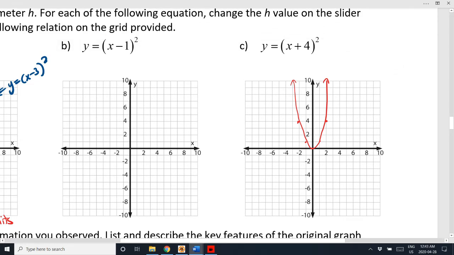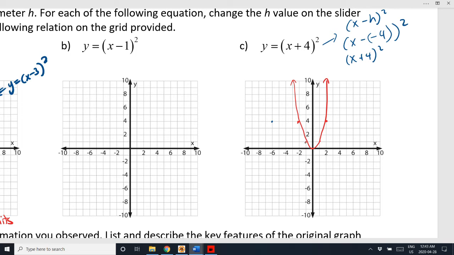Just to break that down one more time, in this form we know it's (x minus h) squared, and for it to be plus 4, it's going to be x minus negative 4 squared, and that's how you would get the x plus 4. When you see the plus sign in this bracket, it means we're moving to the left. So let's move each thing 4 units to the left. So 1, 2, 3, 4.